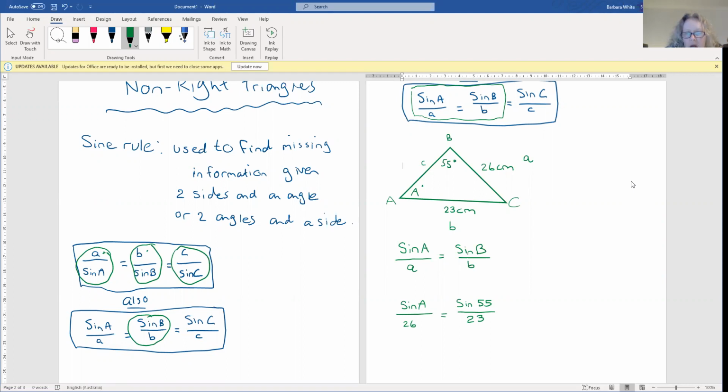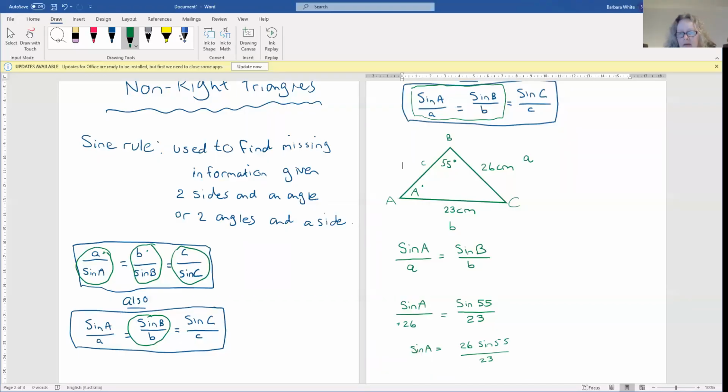I want to get sine of A by itself, so I'm going to multiply both sides by what's at the bottom of the fraction here, which is 26. I'm going to end up with sine A over here. And on this side, I'm going to have 26 times sine of 55 divided by 23. And then I can grab a calculator and find out what the sine of A is.